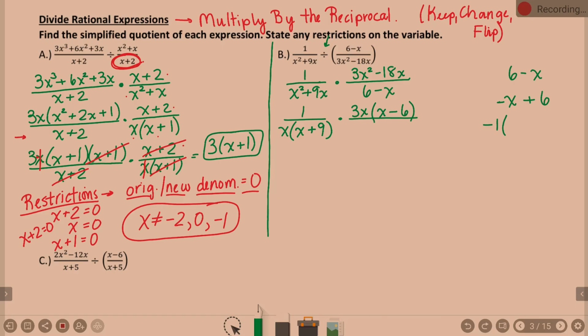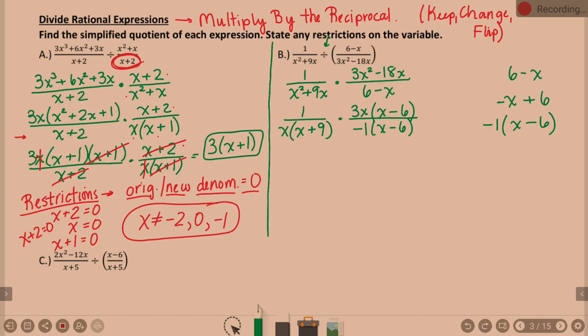We could factor out a -1. And when you factor out -1, that's going to do something helpful, which is why you need to see this. Negative x divided by -1 becomes positive x. Plus 6 divided by -1 becomes minus 6. So if I factor this, this is -1 times x minus 6. Does that matter? It does, because it gives us something to cancel.